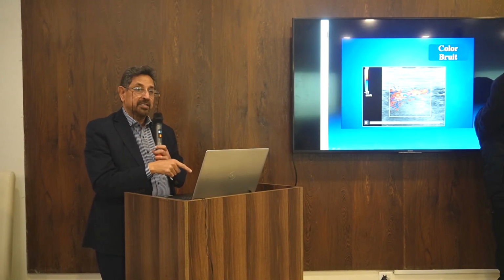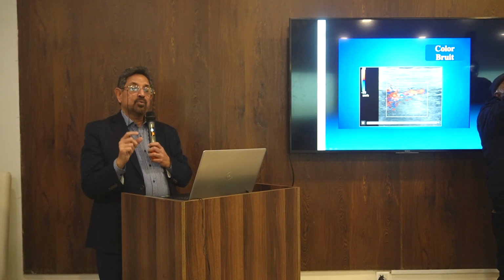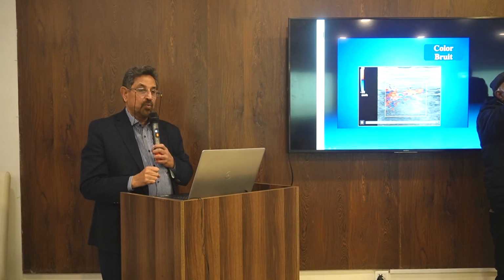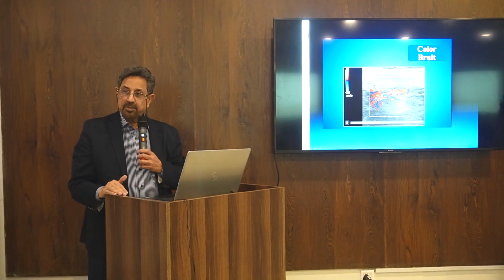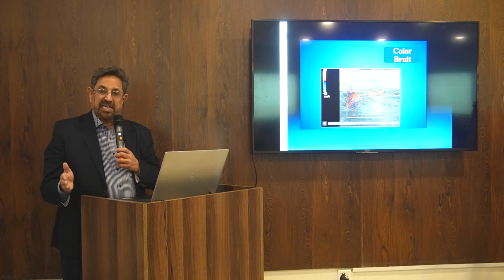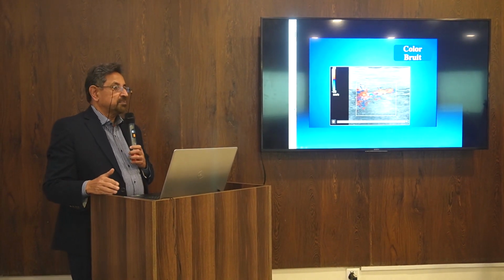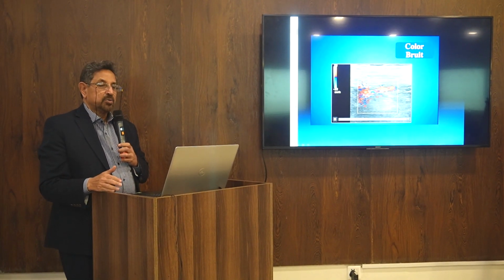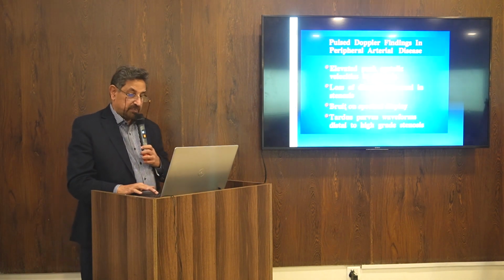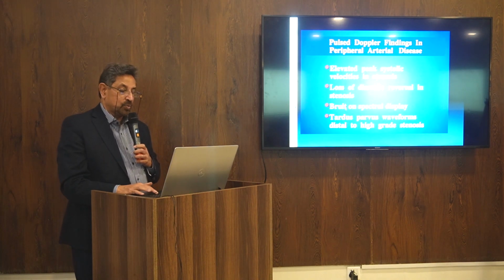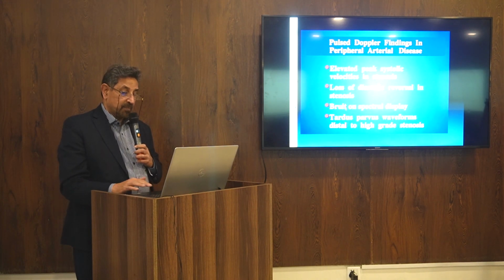When we see that color bruit, we are expecting 400-500 centimeters per second. With a setup of 80 centimeters per second, you can't measure anything. You have to set your spectrum in such a manner that you can quantify that.